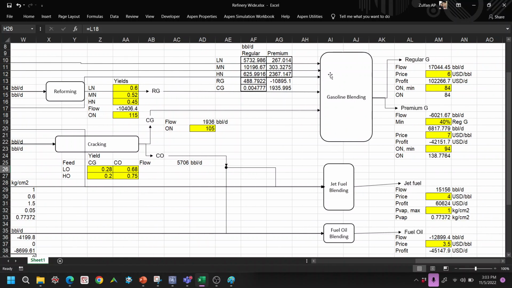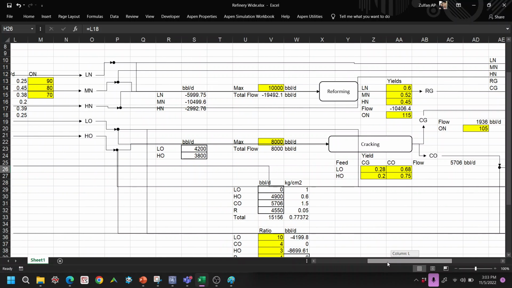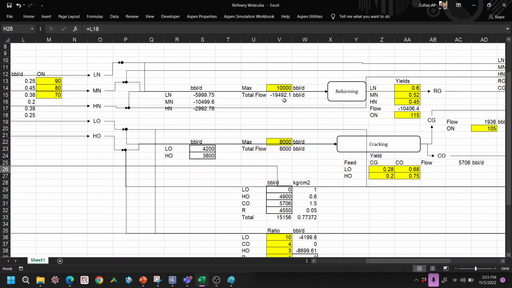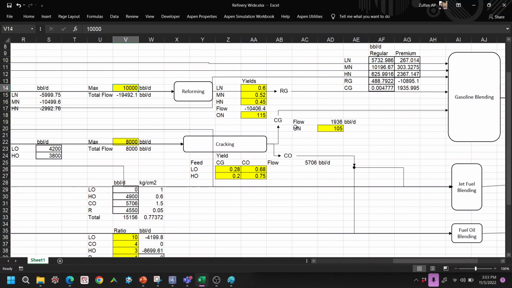So for this reformer, you also have this maximum of 10,000 and so on, and then you have the yields of the reformer for each of the feeds, right. And then the octane number is 115 for the reformate, and in this case the flow is negative because I just put like 1 and 1.